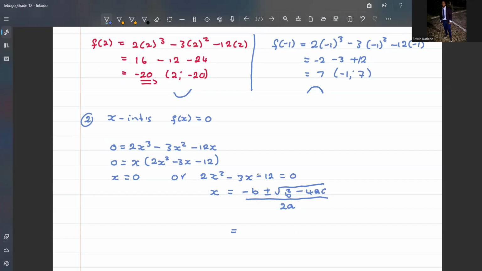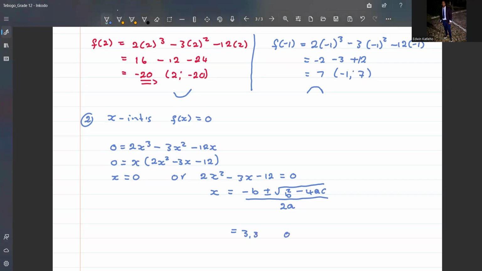Right, going back to my calculator, I get 3.3 as one of my x coordinates.